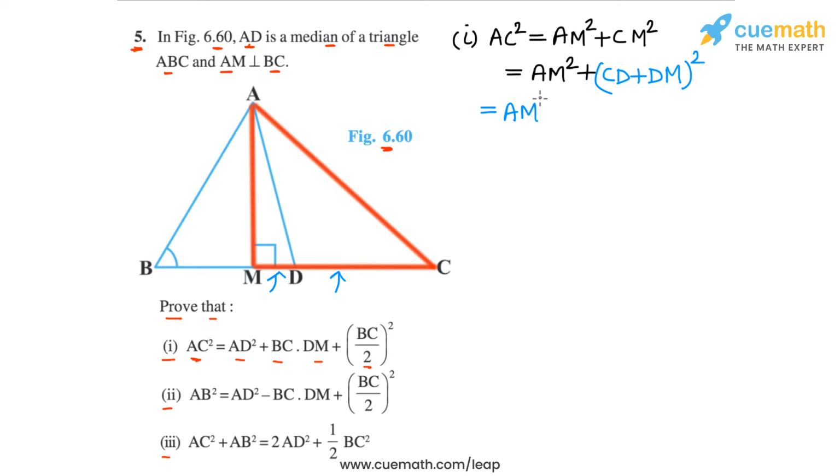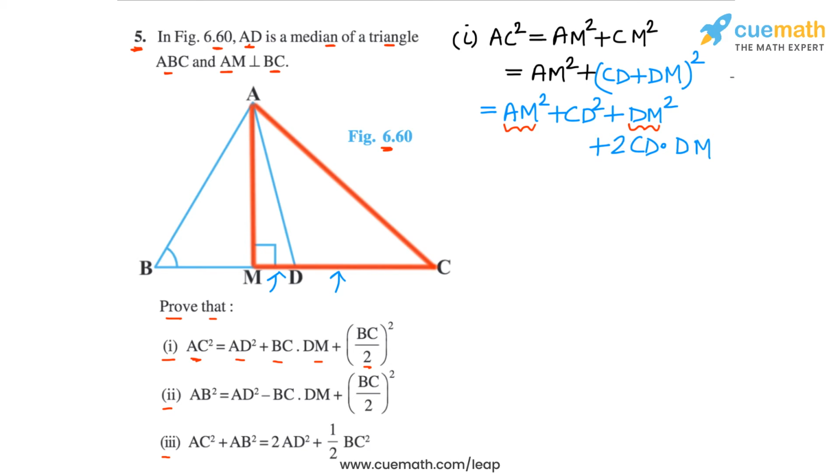Okay, so now let's see what we get. So AM square plus, now let's expand this whole square. So this will give us CD square plus DM square plus 2 times CD times DM. Alright, now if you observe the RHS, we have this term AM square and we have this term DM square. Do you think these two terms can be combined into a single term?